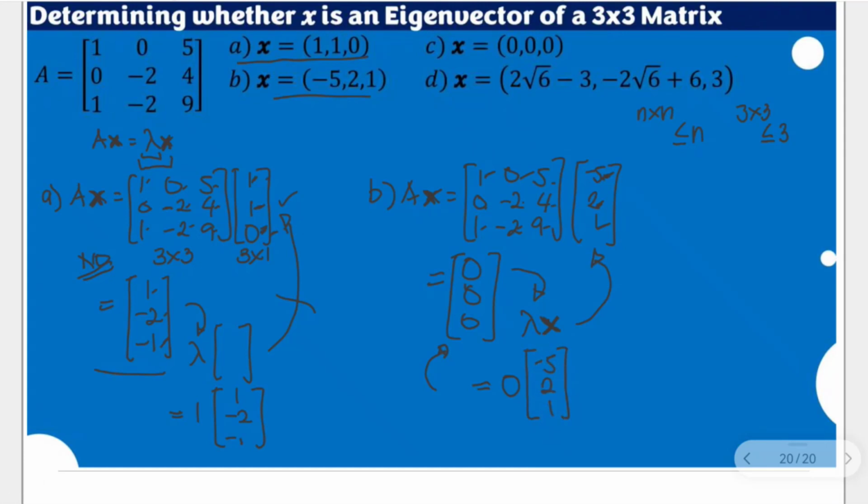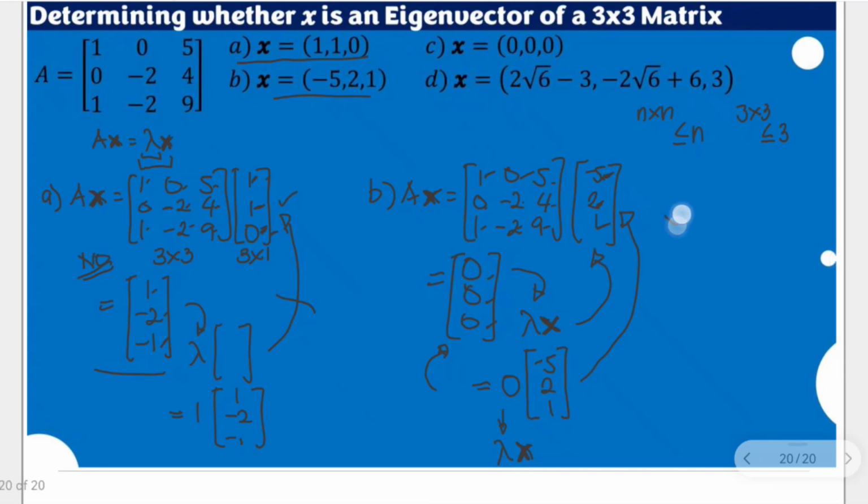Even if there are multiple factors that can be used, the product is 0. This matches our original result, and if we multiply 0 to negative 5, 2, and 1, it will return this. So this is actually the lambda, and this is our vector x.